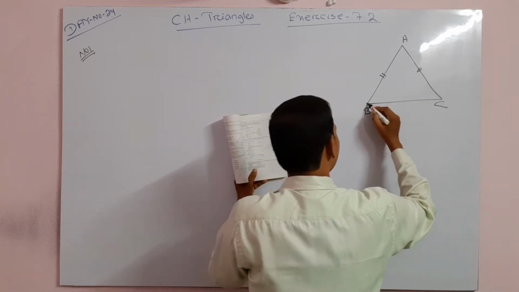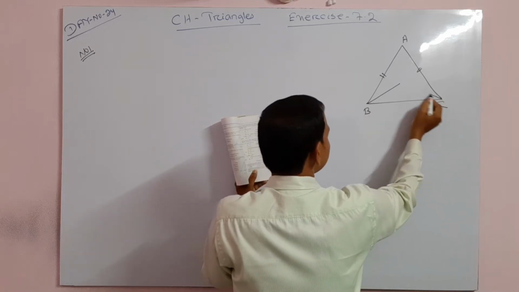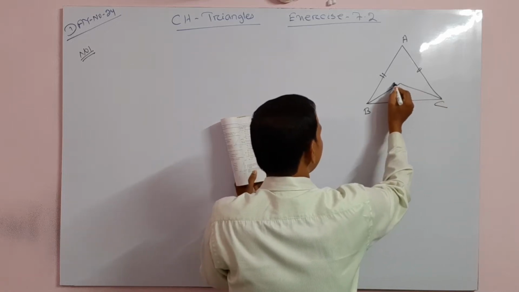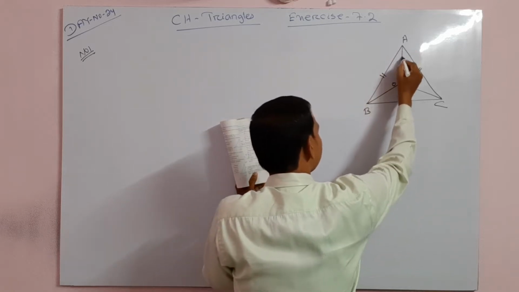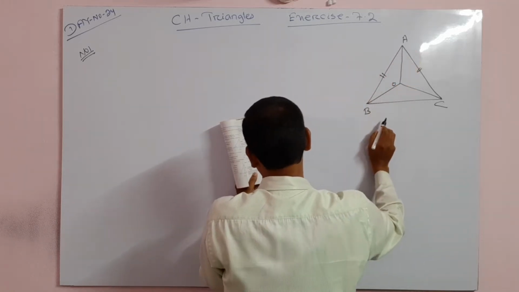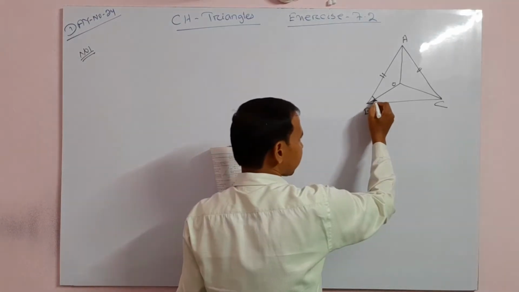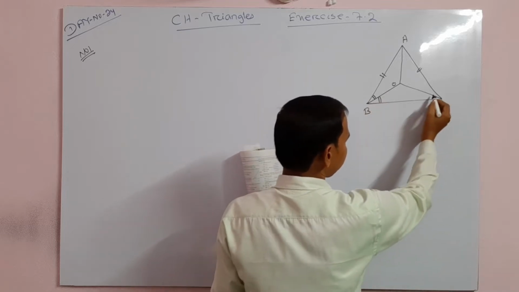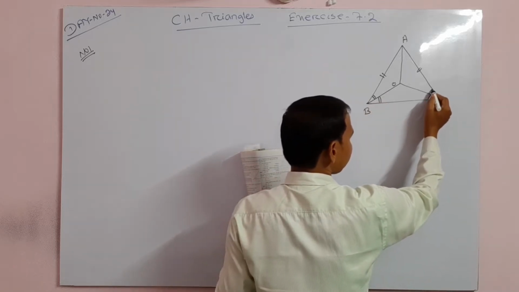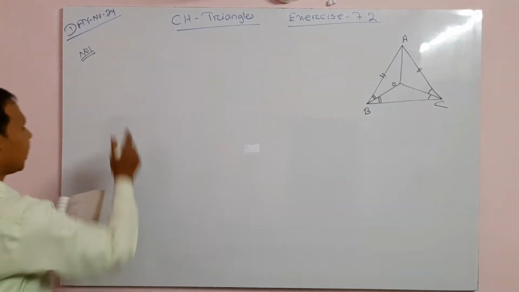The bisector of B angle and C angle intersect each other at point O. Join AO. So BO is the bisector of B angle and CO is the bisector of C angle. Okay.